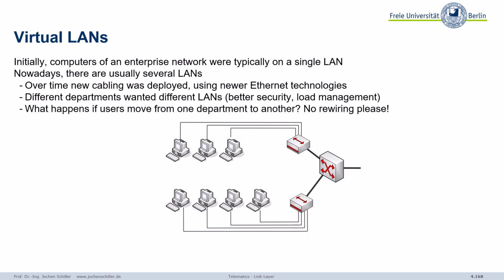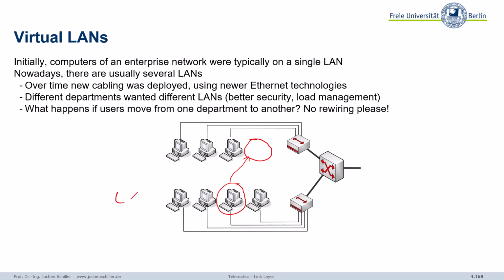But what happens now if you migrate with your computer? You belonged to one department, but now due to restrictions in office space, you have to work here. Suddenly you're in another, physical local area network.